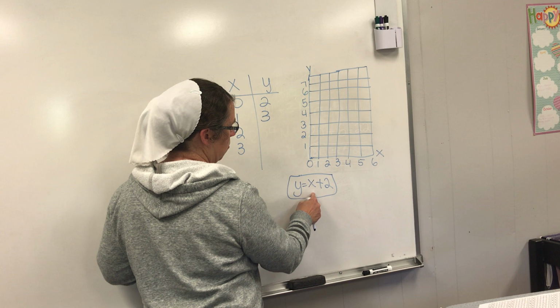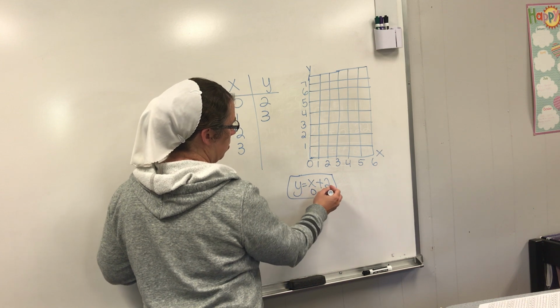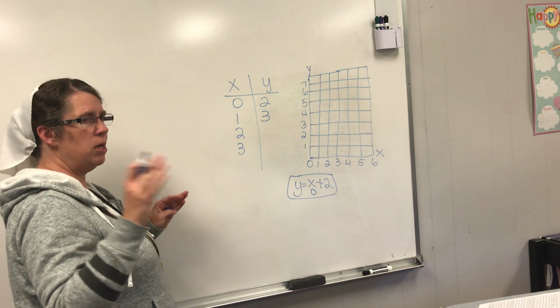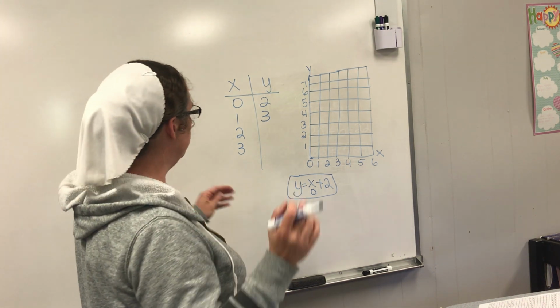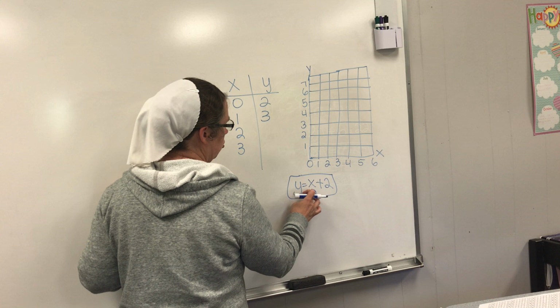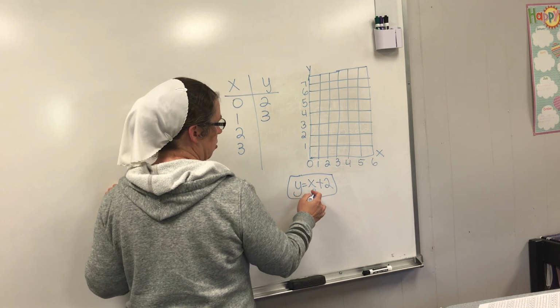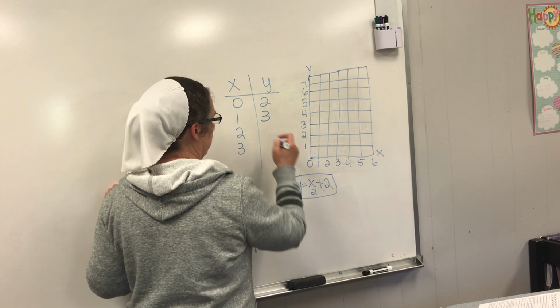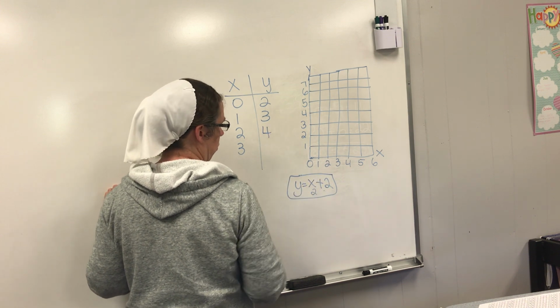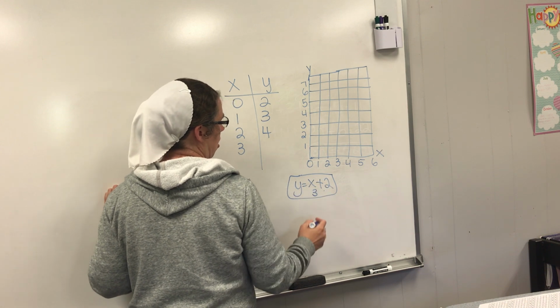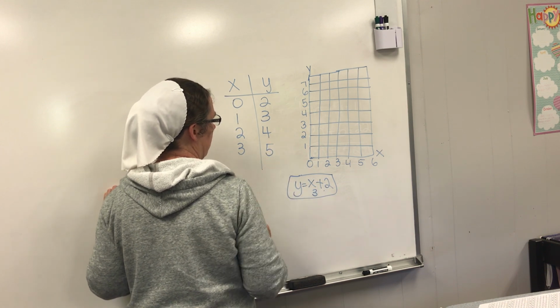If x is 0, 0 plus 2 is 2, so y has to be 2. It's like 2 equals 2, 3 equals 3. So let's say our x is 2, our y would have to be 2 plus 2 is 4, so our y would be 4. If our x is 3, our y would be 5.